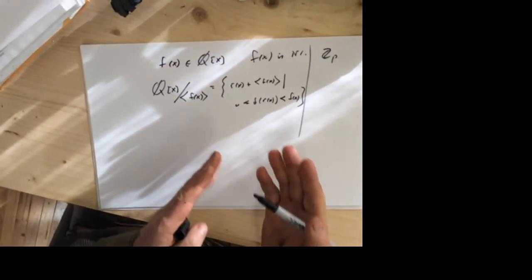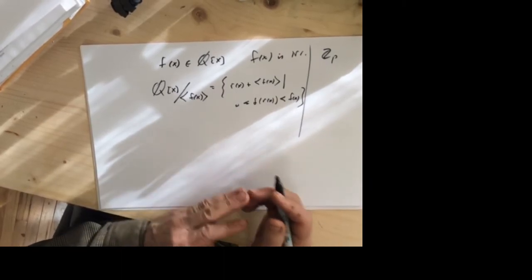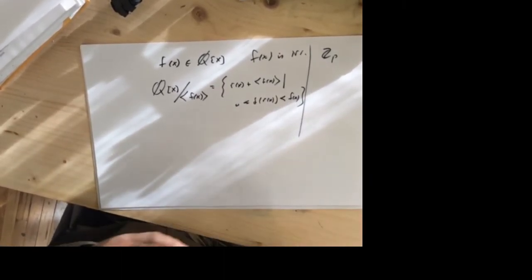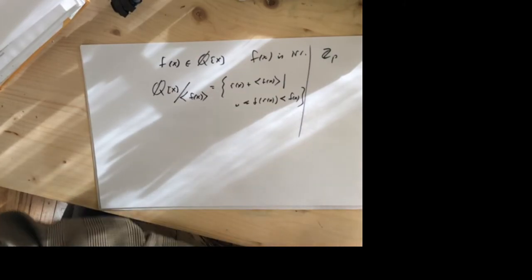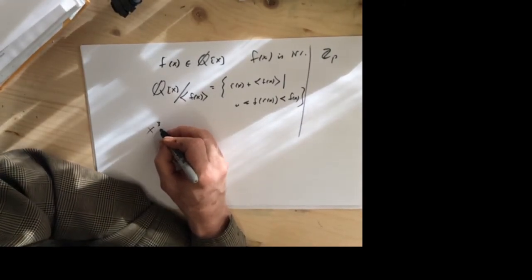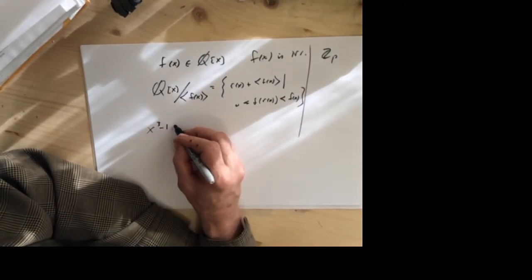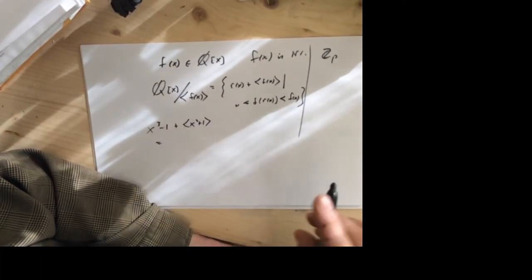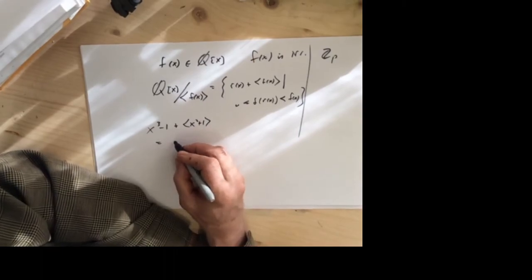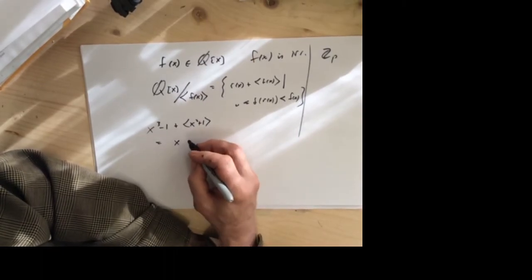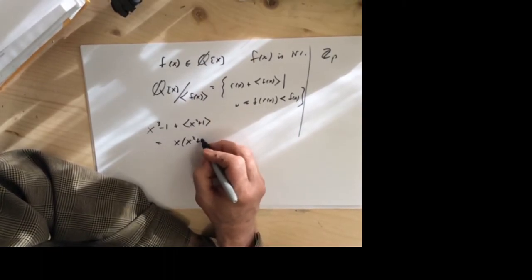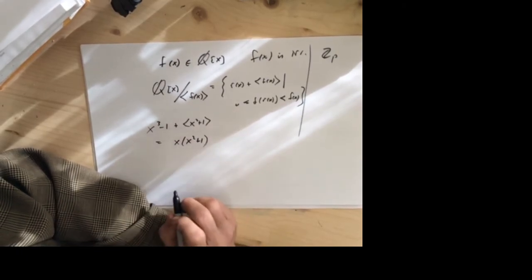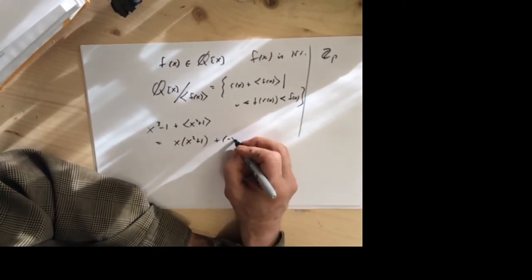Why? Because now canonically we know that you do long division by f(x), so anything that's listed as too big can be listed smaller. So in other words, our x cubed minus 1 plus any multiple of x squared plus 1, by the long division that we did, x cubed minus 1 was really x times x squared plus 1, q(x) times the divisor, plus the remainder.